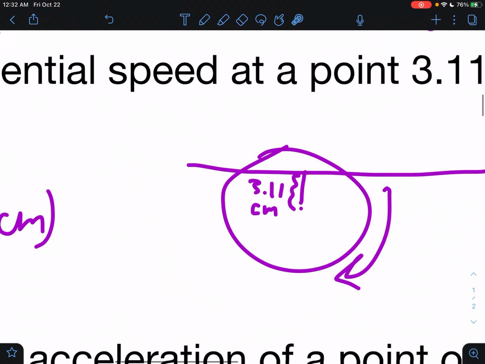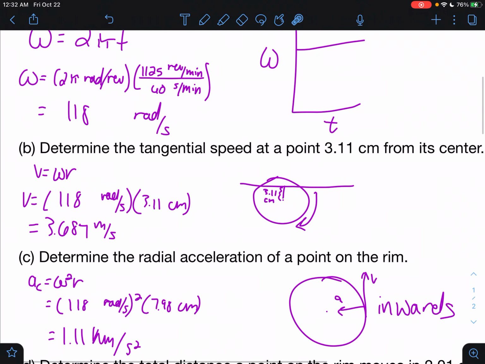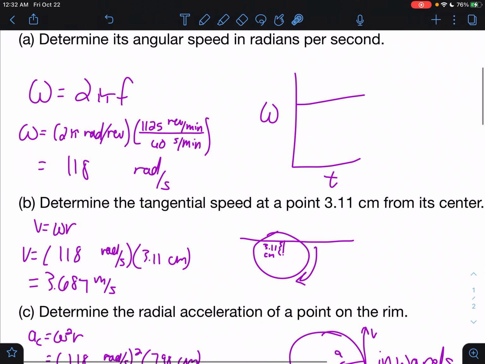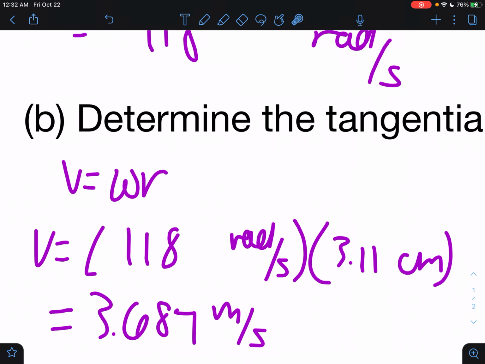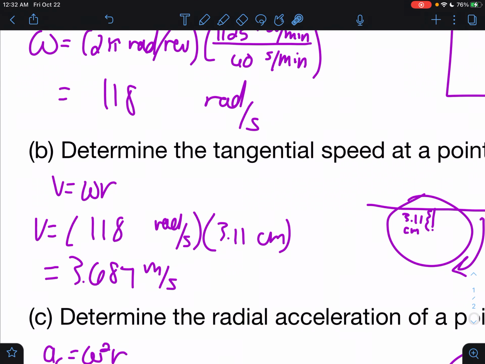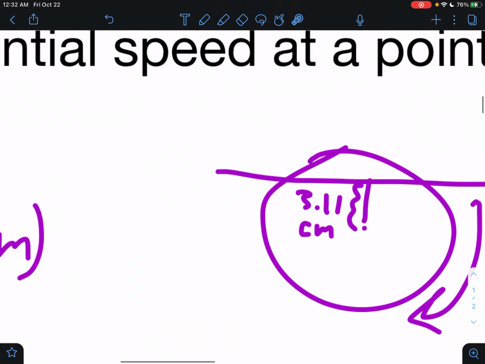Is the question. So the equation that we use is tangential velocity is angular velocity times the radius, or the distance from the center.